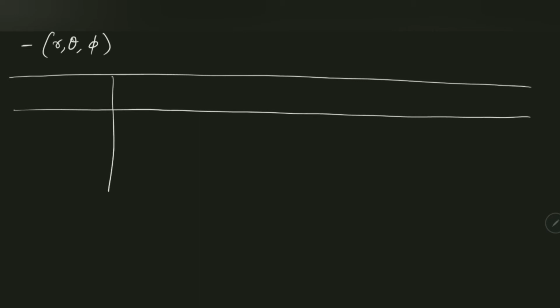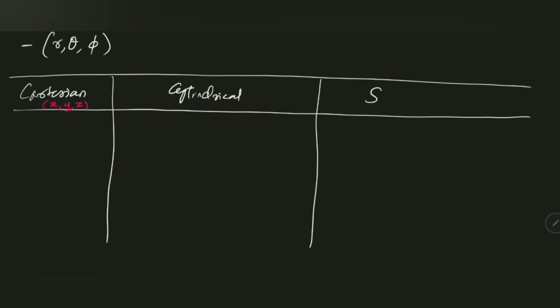For example, the Cartesian or rectangular system is represented as x, y, z, and if the other two coordinate systems are given, cylindrical, which has r, phi and z, and spherical, which has r, theta and phi.